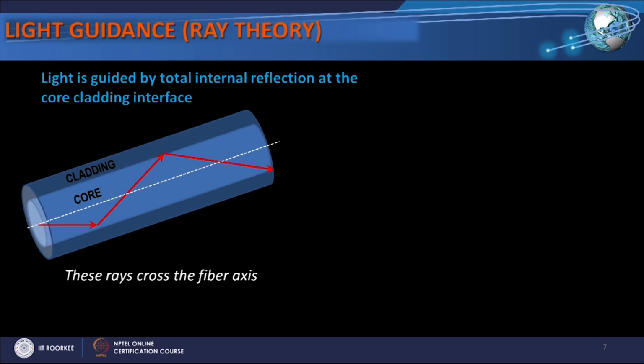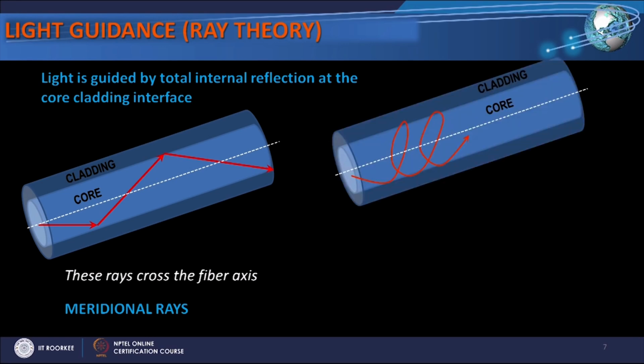What we can see here is these rays cross the fiber axis, and these are known as meridional rays. There can be another possibility that, depending upon the launch conditions, a ray can never cross the fiber axis, but it will be totally internally reflected, it will undergo TIR, but it will follow a helical path.